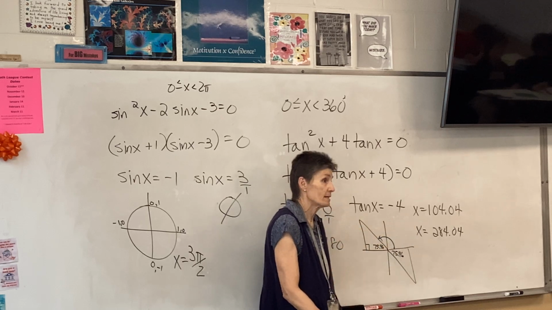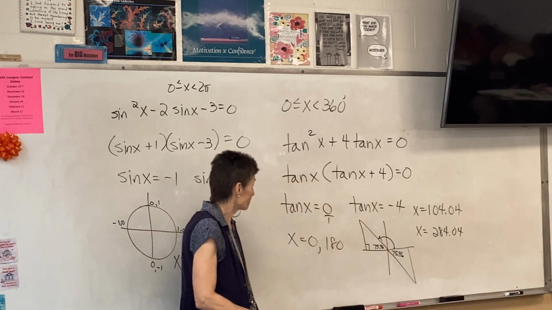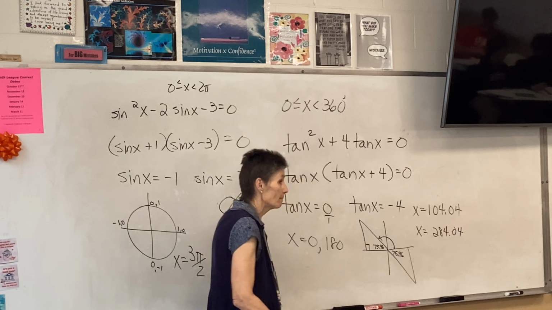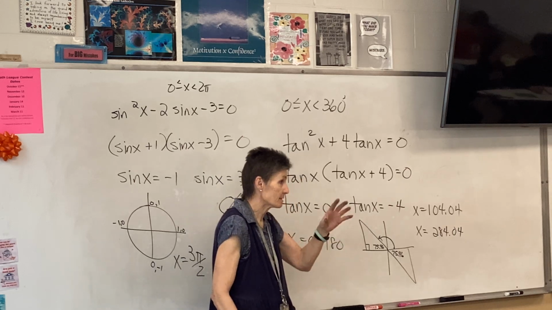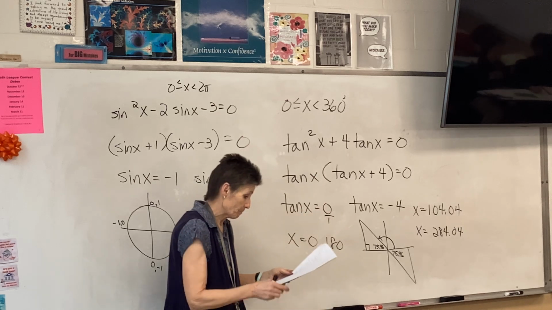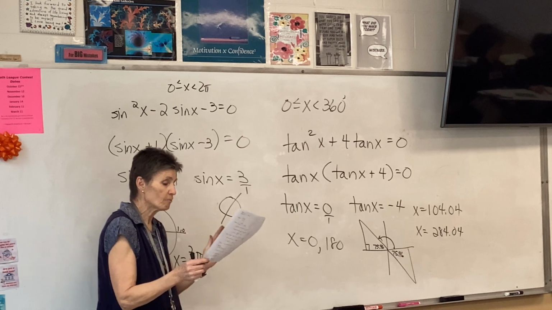That's how we got our answers. If we type in tan x equals 0 in our graphing calculator, we graph it, and the intercept is the answer. Okay, that's number 3.